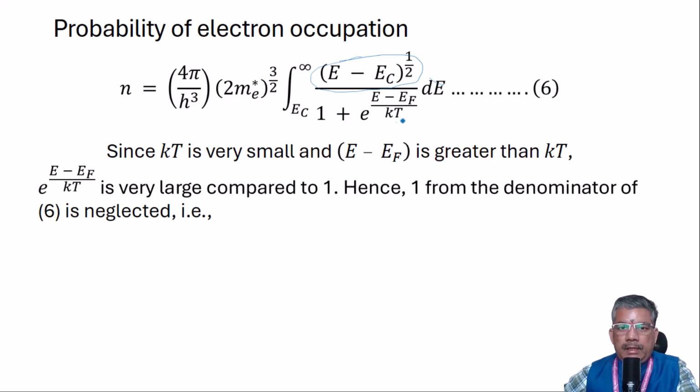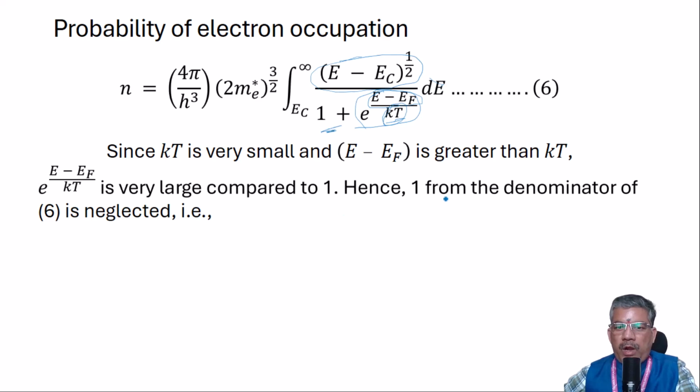So here kBT, or kT, the value is very small, so that (E minus EF) by kBT is very much greater than 1. Because kBT is very small, we can automatically conclude that E minus EF is comparatively large, so that exponential of (E minus EF) by kBT is a very large value compared to 1.